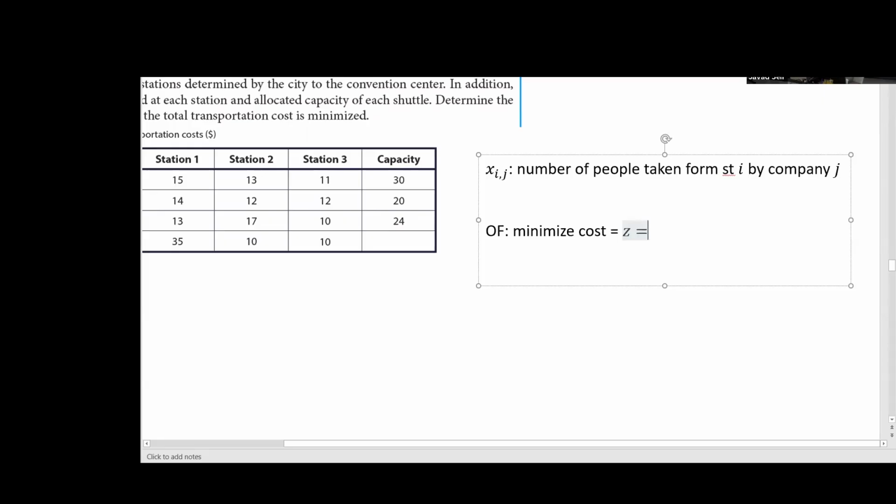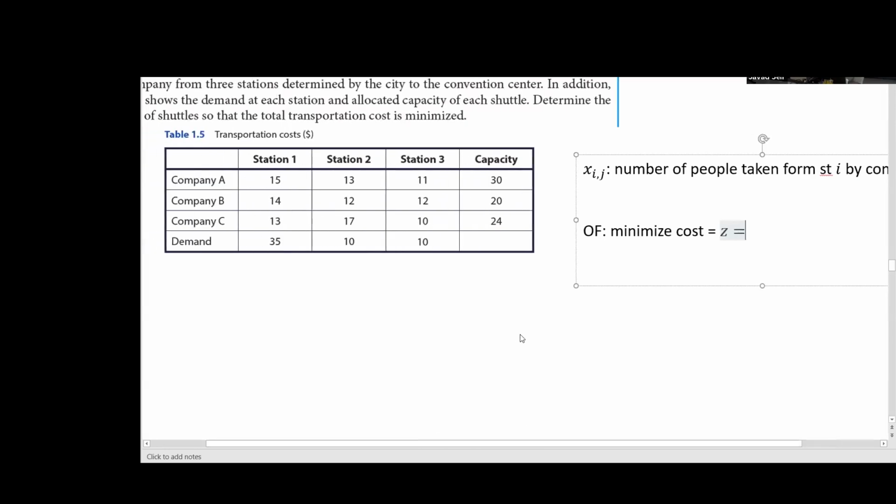How do I write the cost? To what variable does this $15 apply? That's 1,1, X11. It applies to people taken from station 1.